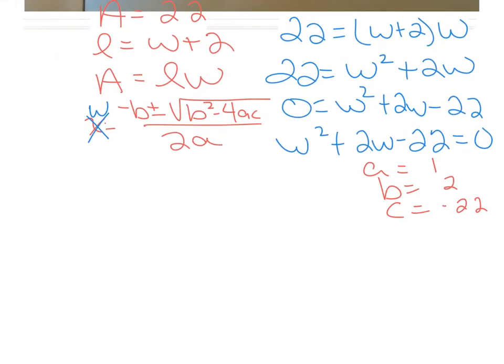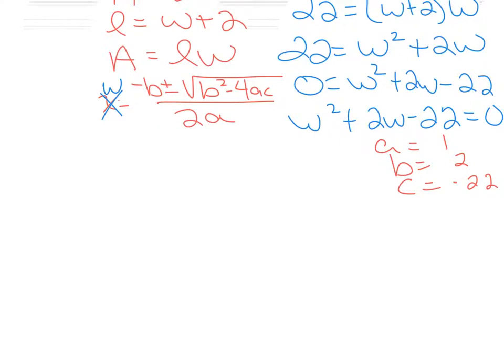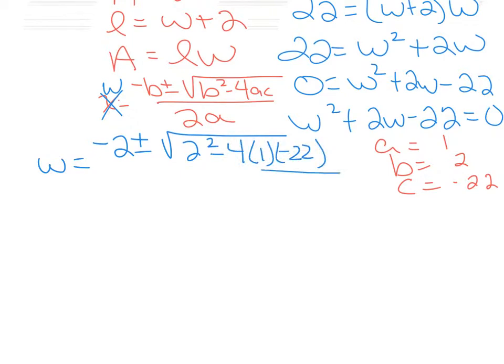I'm going to zoom out a little bit here. Okay. So w equals negative b, so negative 2, plus minus the square root of b squared, 2 squared, minus 4 times a times c all over 2 times a.